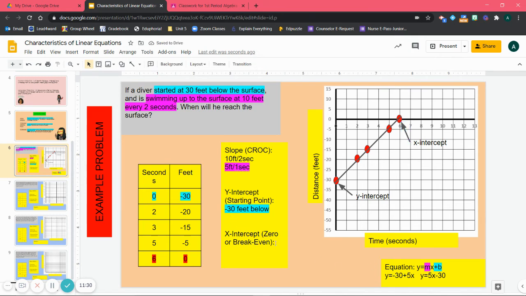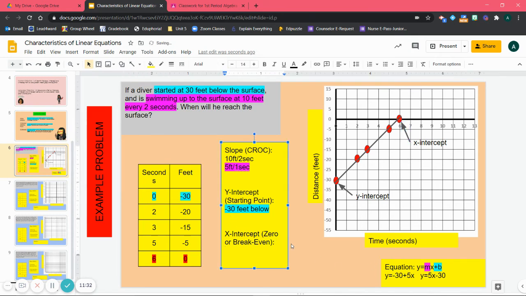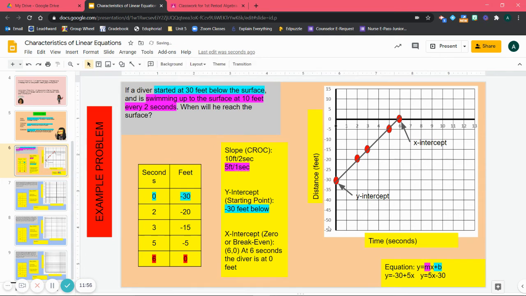So here I'm going to write our x-intercept is at 6 seconds, 0 feet. Or we can say at 6 seconds, the diver is at 0 feet. A little bigger, okay.